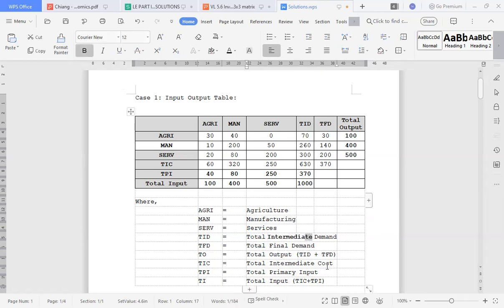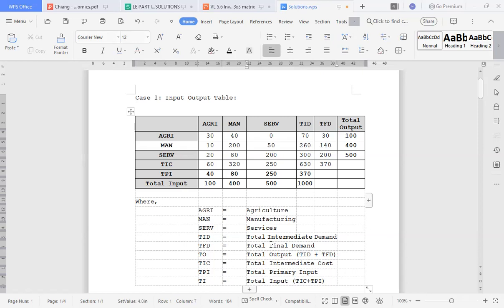Meaning it is used by other sectors. So the total intermediate demand here is TID, meaning that this is the sum of 30 and 40. Balikan natin yung ibig sabihin ng mga numbers. But again, I just want you to first understand where to locate TID. So TID is just the sum of 30 and 40.